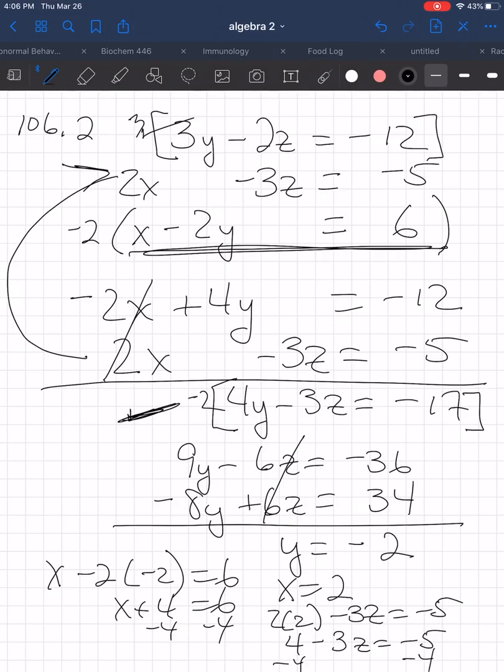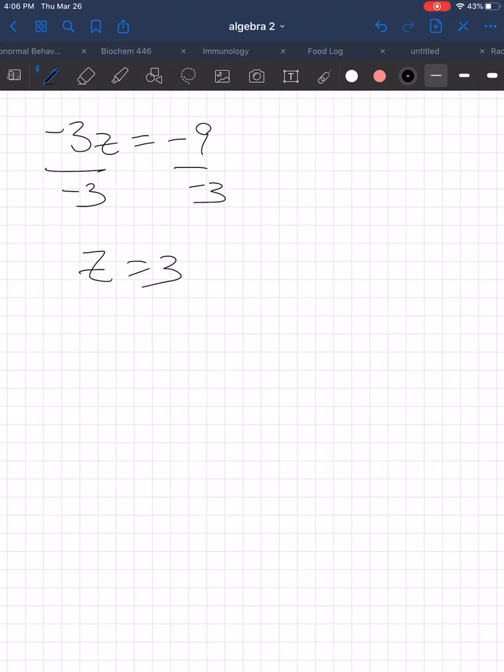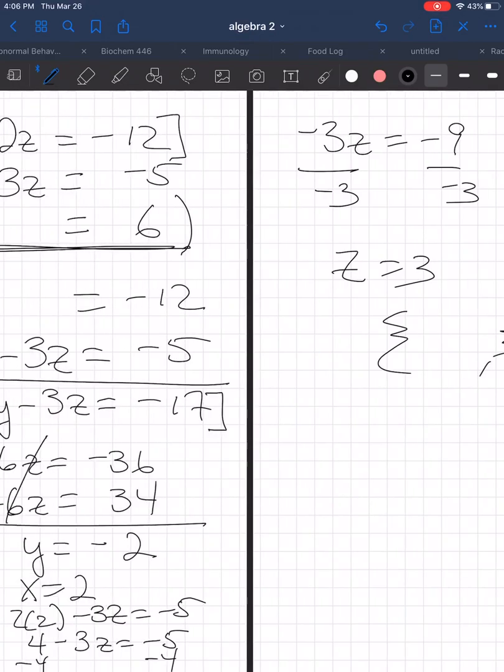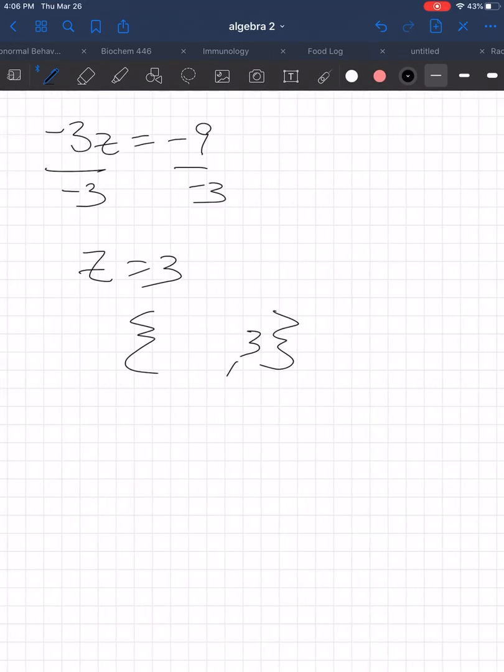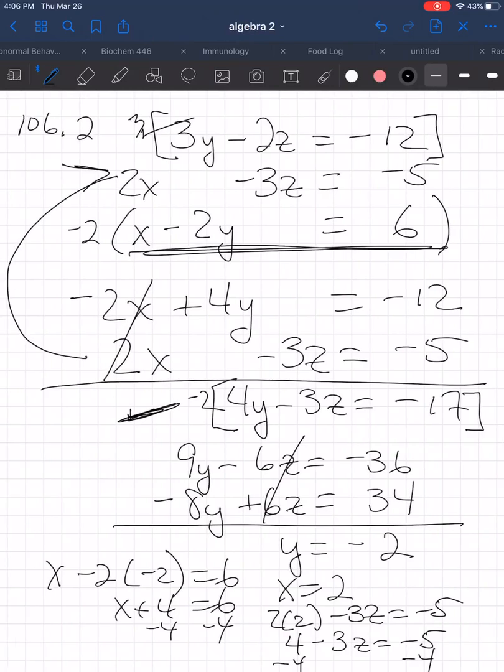And then I'm going to subtract 4 from both sides. So that'll be minus 3z equals minus 9. Divide both sides by negative 3. Z equals 3. So as an ordered triplet, we have x is 2, y is negative 2, and z is 3.